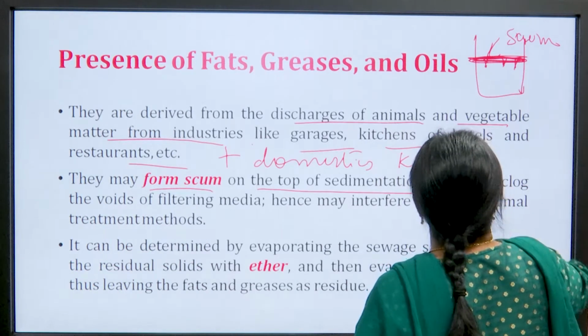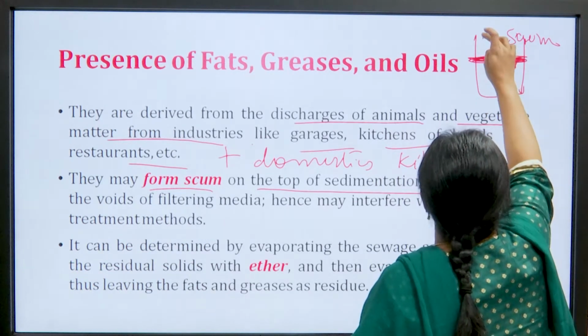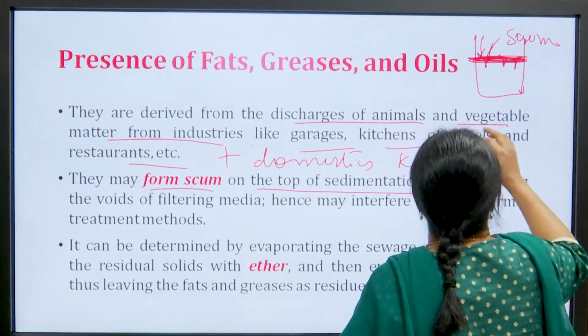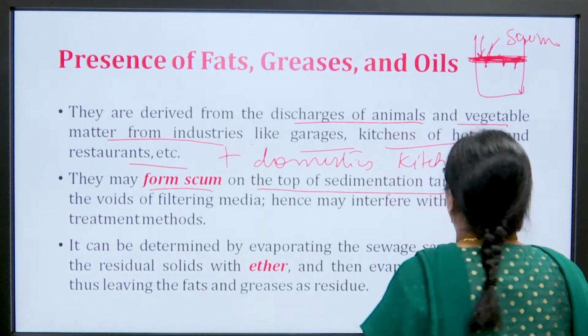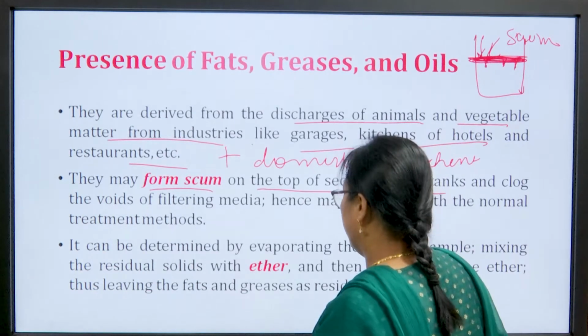Not only that, they will block oxygen which is coming from the atmosphere and will not allow it. So, anaerobic conditions may start forming in these cases.